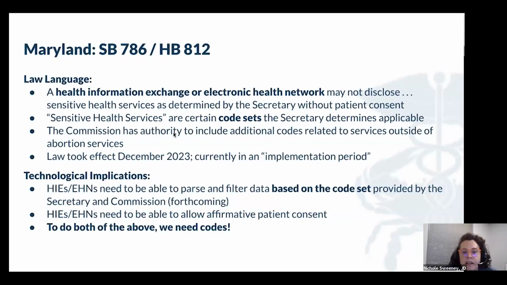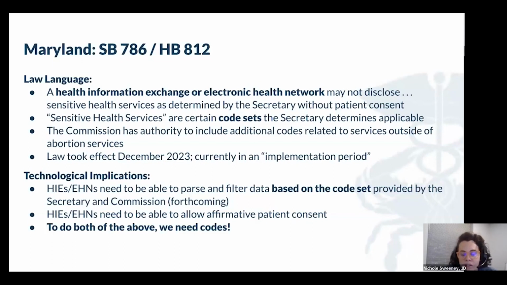And again, we're not going to talk too much about patient consent today, but I do just want to talk about that very briefly because it is vital that when these codes are redacted, if patients choose to share them in the Maryland law, they are allowed to do so. And so there is a consent element to allow patients to affirmatively say that they want these shared.